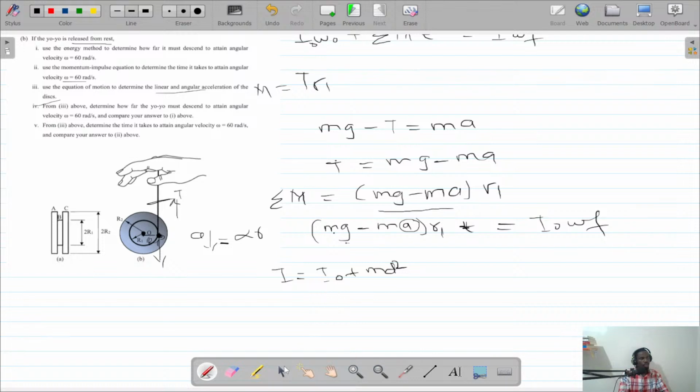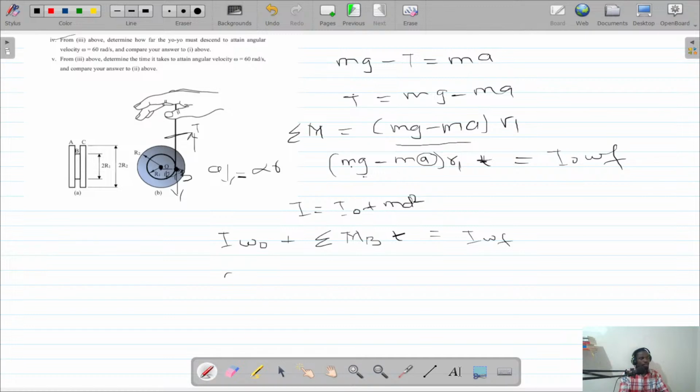So we're going to have I omega naught plus the sum of moments about, let's label this place b, about b times t equal to I omega f.